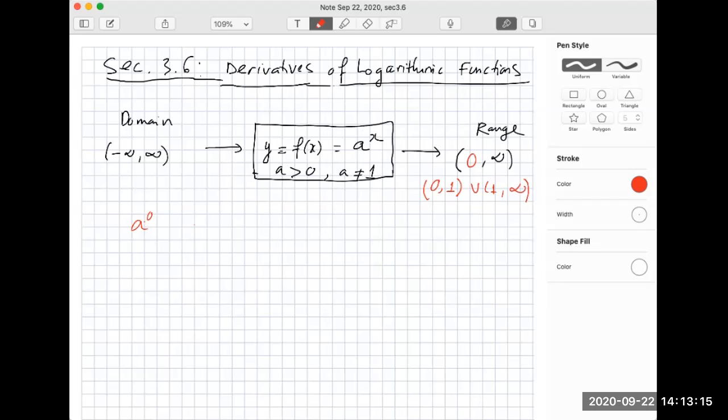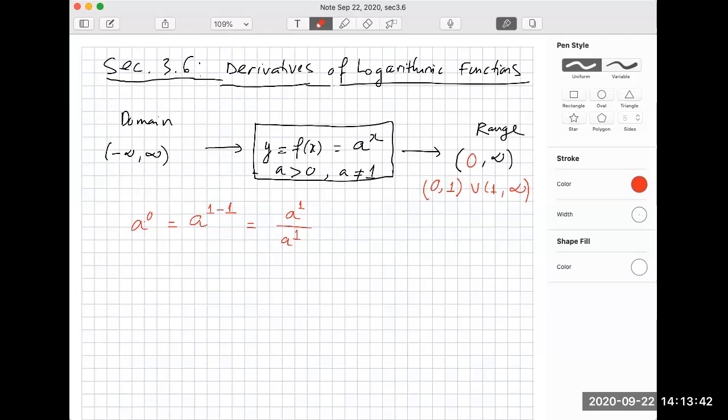But this is a very good question. Any number raised to the 0, why do we get a to the 0 equal to 1? It means that a to the 1 minus 1. Do you agree? And a to the 1 minus 1 is a to the 1 divided by a to the 1.